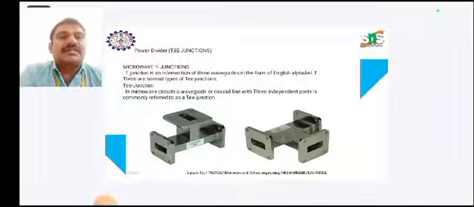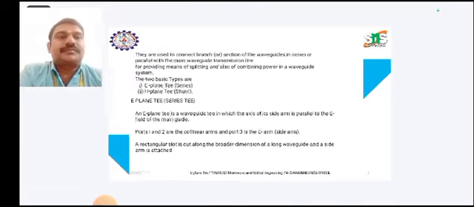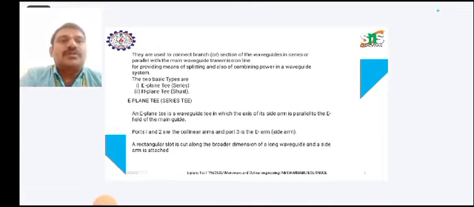The first one is an E-plane T and the next is an H-plane T. They are used to connect a branch or section of waveguide in series or parallel, that is series or shunt, with the main waveguide transmission line, providing a means of splitting and also combining power in a waveguide system. There are two basic types of T. As mentioned in the diagram, the E-plane T is series and the H-plane T is shunt, that is parallel.